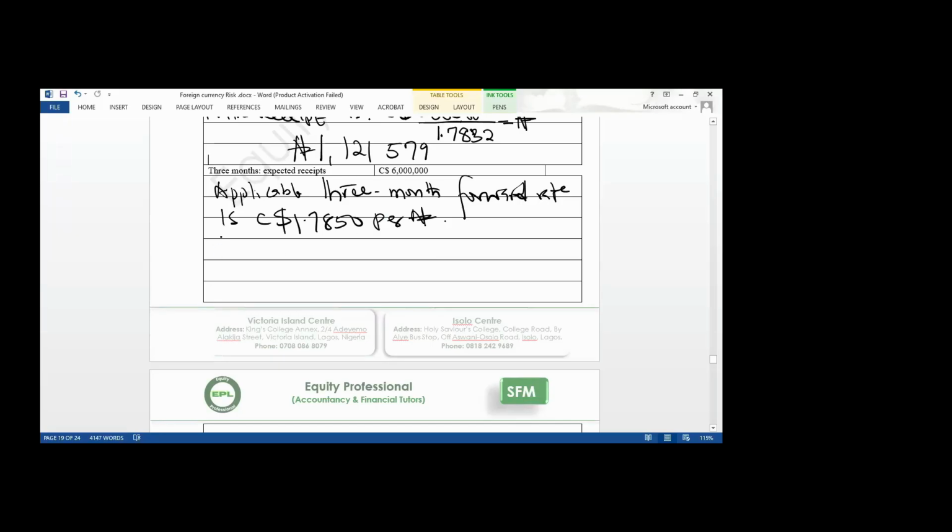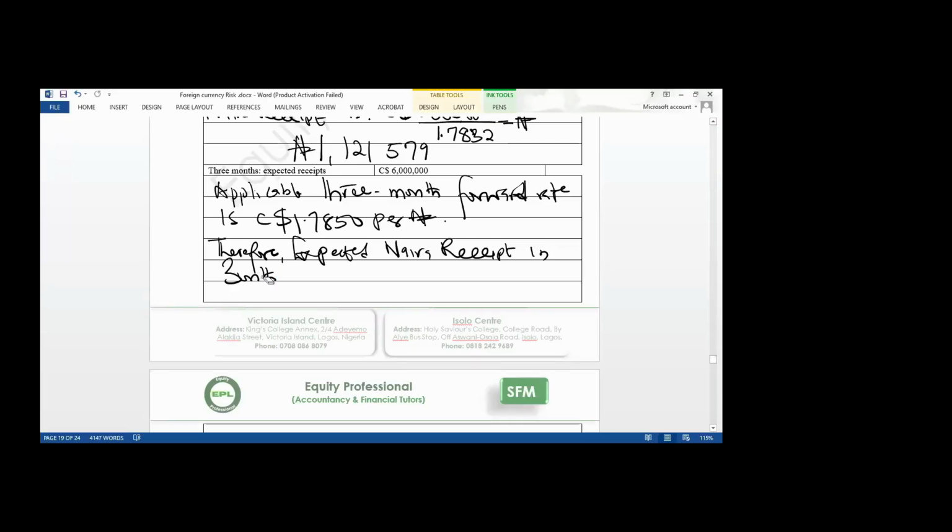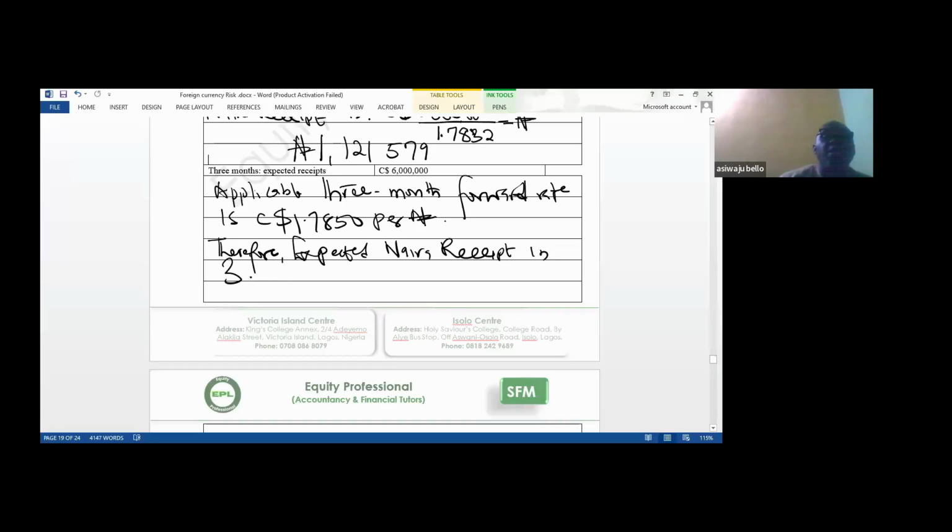Therefore, expected naira receipts in 3 months' time is, for indirect quotes, I'll divide.